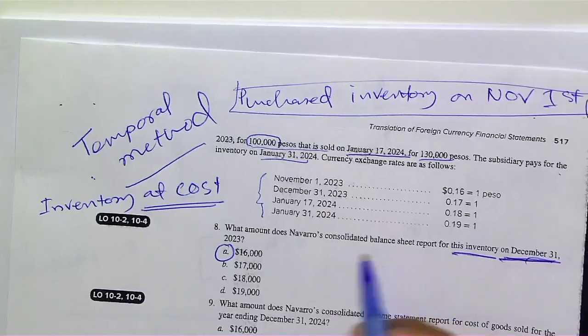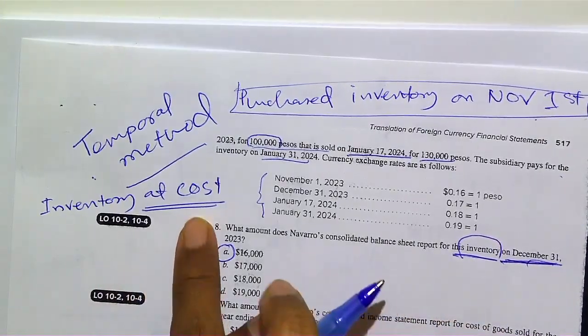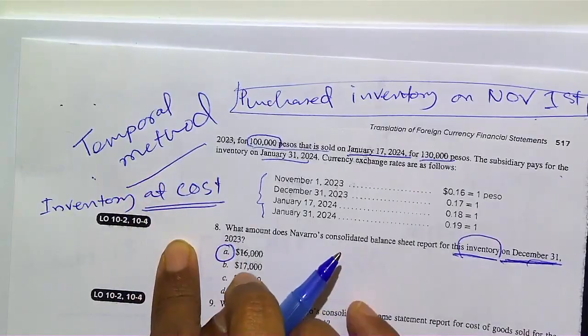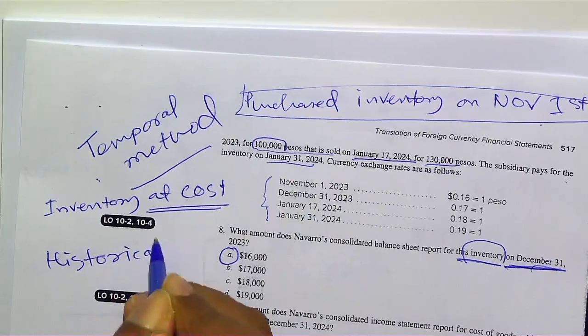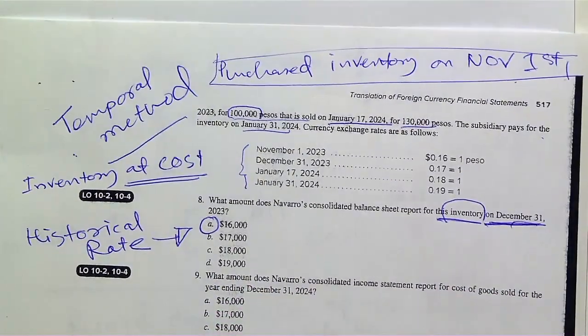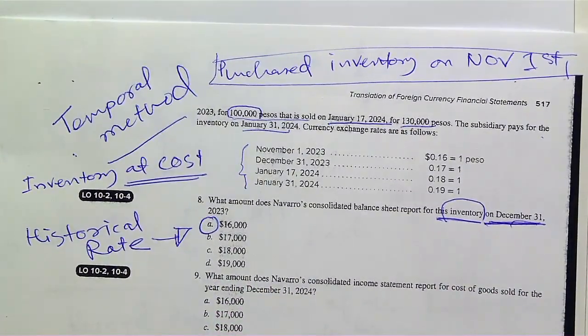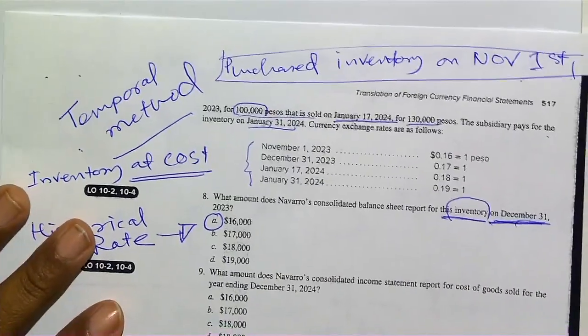Number 8, you have to do the inventory conversion. Inventory is at cost, temporal method, which means you have to use the historical rate. Historical rate means the day you purchased inventory. Please don't lose any points. There are no partial credits because this is such a tiny problem. Still, I will feel bad if you lose points because these exact problems will be on the exams.